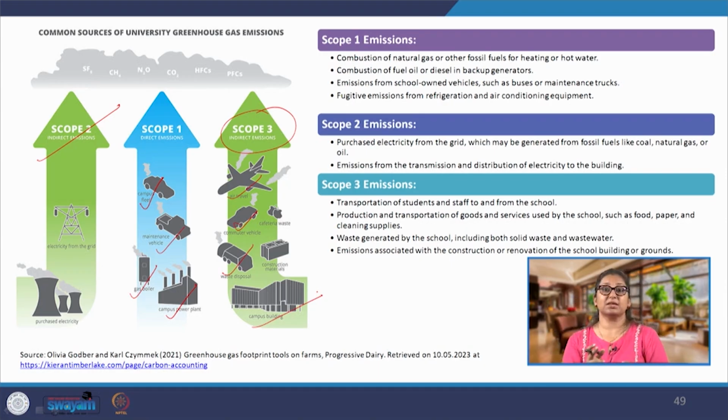The emissions that are coming from them are direct emissions. But the campus buildings, other than those direct emissions, have been put in scope 3 indirect emissions. Why? Because the buildings themselves are not resulting in emissions directly. All the direct emissions we would have already included in scope 1.